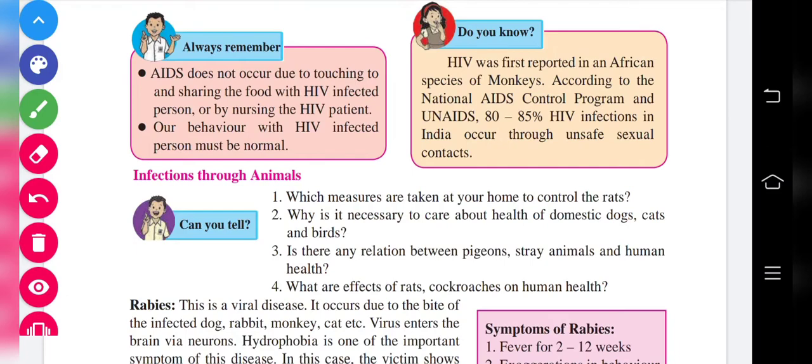You can also put out traps or nets to capture the rats. One can also keep a cat, which will capture the rats. That is also prevention. Keeping a cat is a very good biological pest control method, correct?